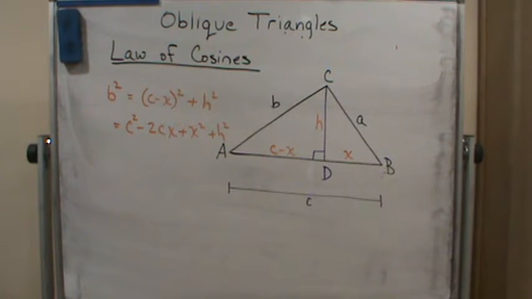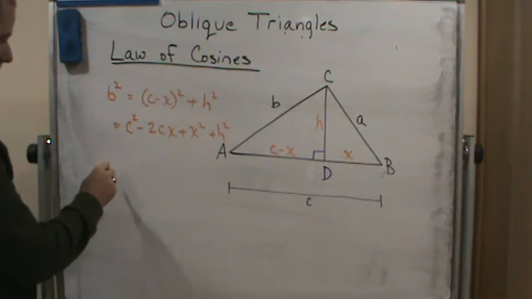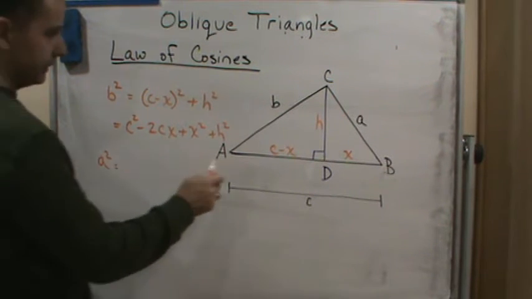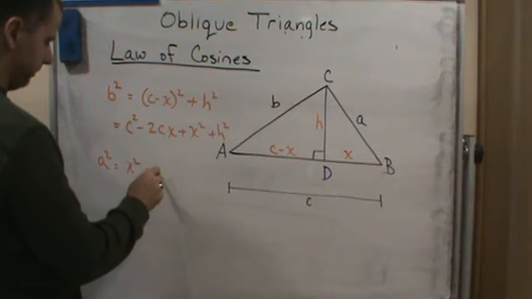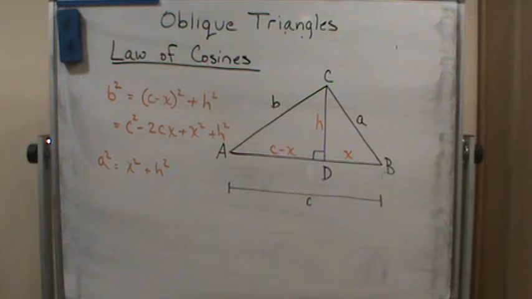Now, what about the other triangle? So in this one, we could say a squared is equal to x squared plus h squared. Right? So far so good. Now, what are we going to do with that?